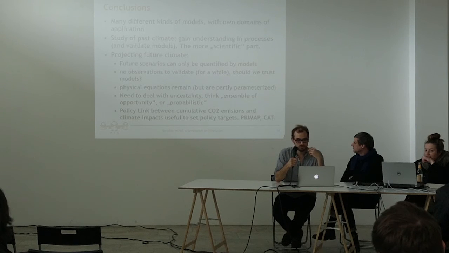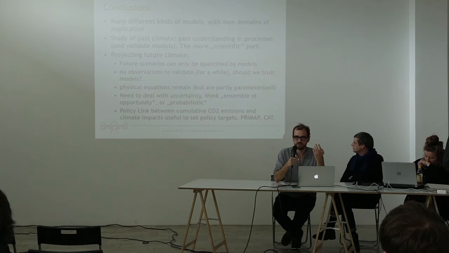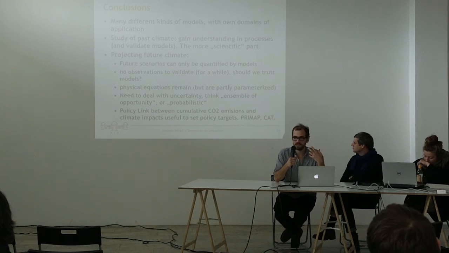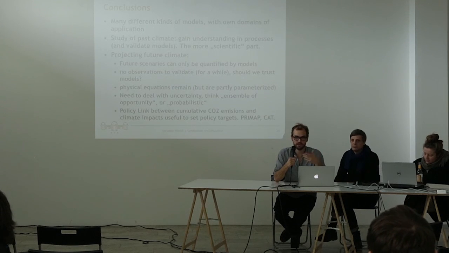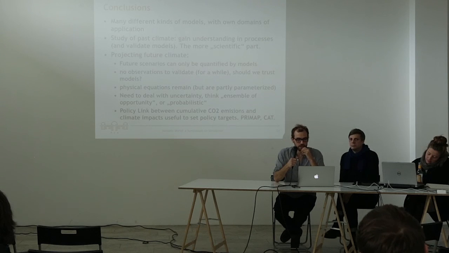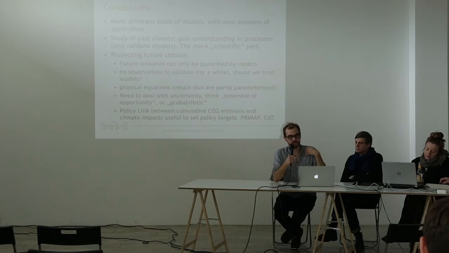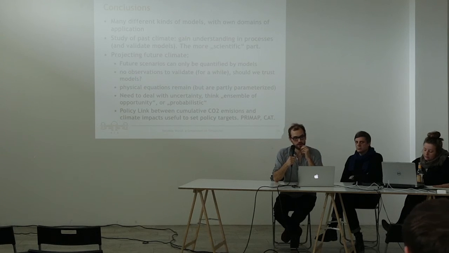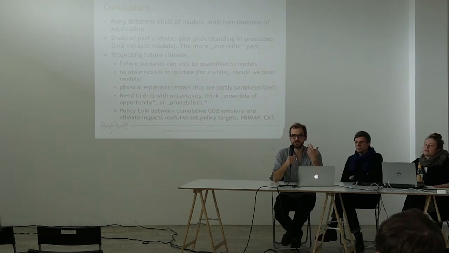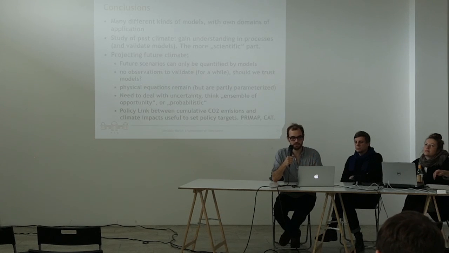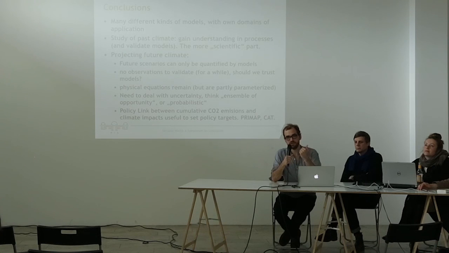Of course, you have the physical equations that remain, but you need to deal with uncertainty and the idea of an ensemble of possibilities, or probabilistic statements about the future. You have to accept uncertainty to make decisions based on it; you will never be able to reduce it. And with the link between cumulative CO2 emissions and climate impacts, it's useful to set policy targets in terms of emissions, because the aim is to have this whole chain from emission to impact.